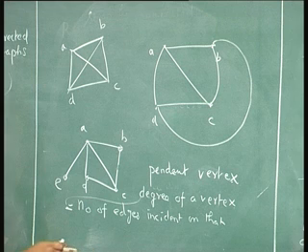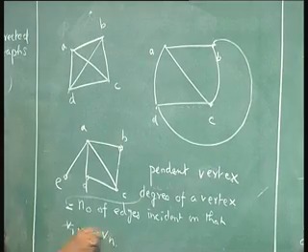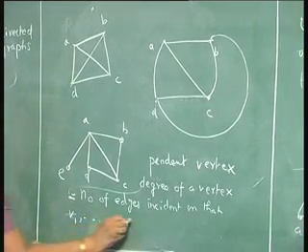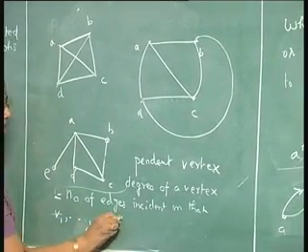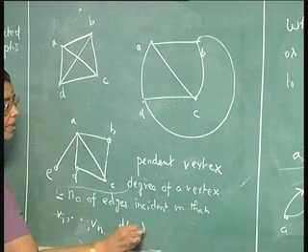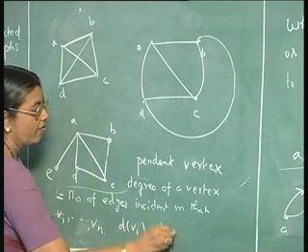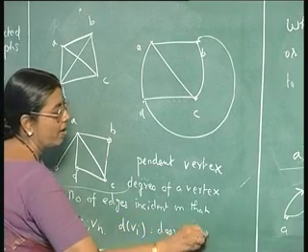Now, we can see that if there are vertices V1, V2, Vn, and let d(Vi) represent the degree of Vi.